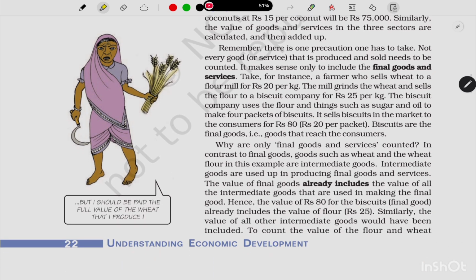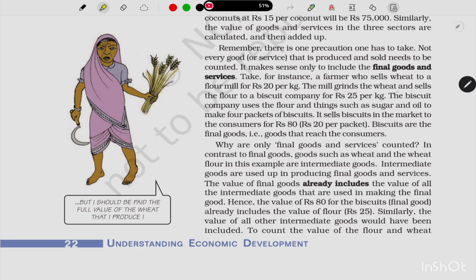Remember, there is one precaution to take. Not every good or service that is produced and sold needs to be counted. It makes sense only to include the final goods and services. Take for instance a farmer who sells wheat to a flour mill for 20 rupees per kg.